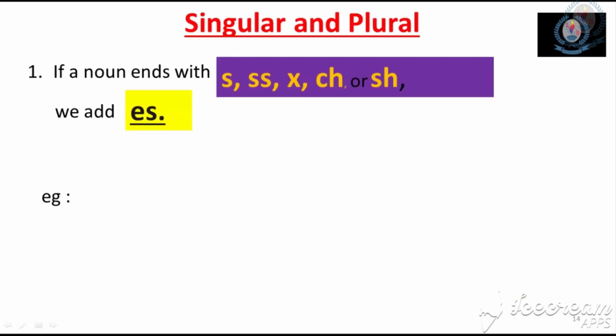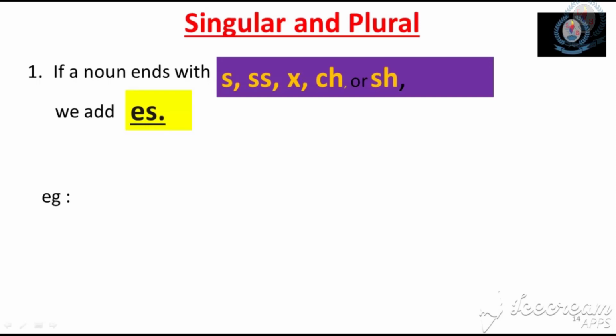Now we are going to learn about singular and plural. We usually add s to a naming word when we mean more than one. There are some rules that we should follow when we change singular words to plural words.